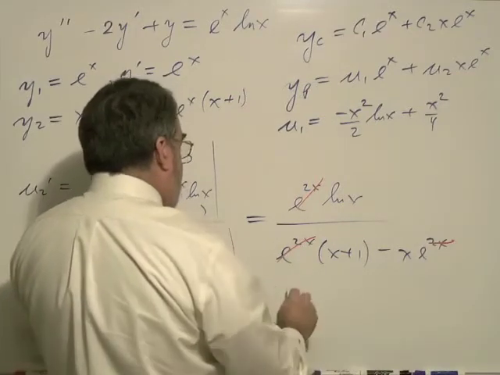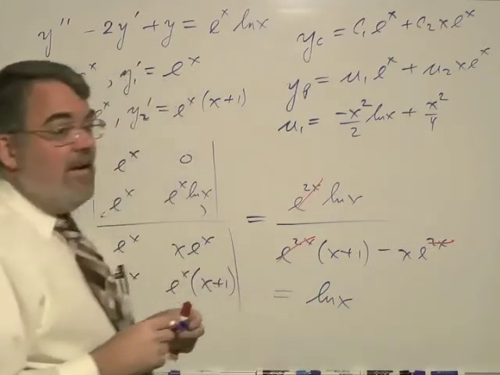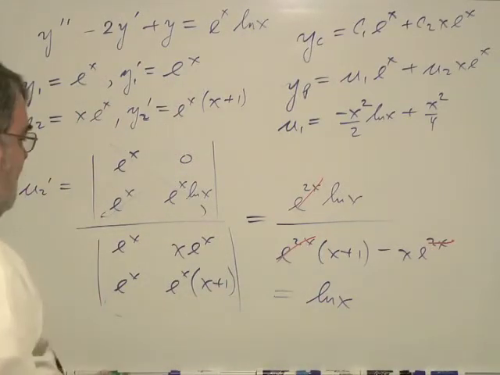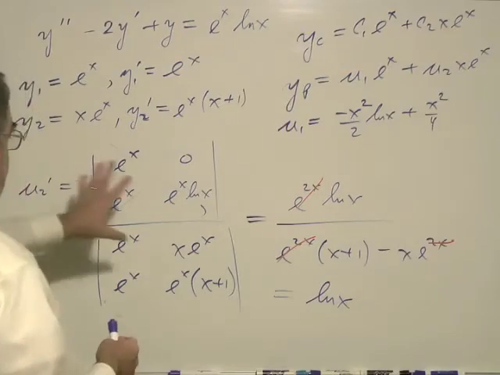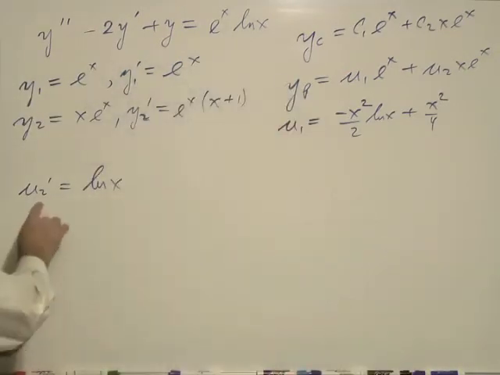So u2 prime is equal to natural log of x. Alright, so once we integrate that, I think we're in business. So let me rewrite this and make some room. Now we have u2 prime equals natural log of x.